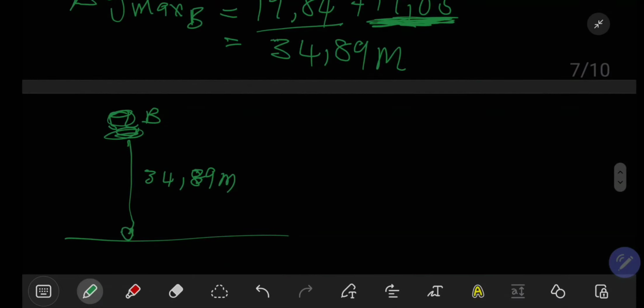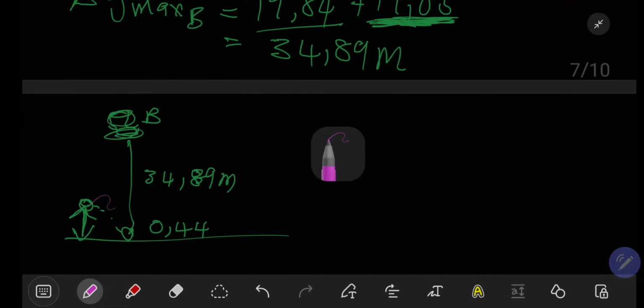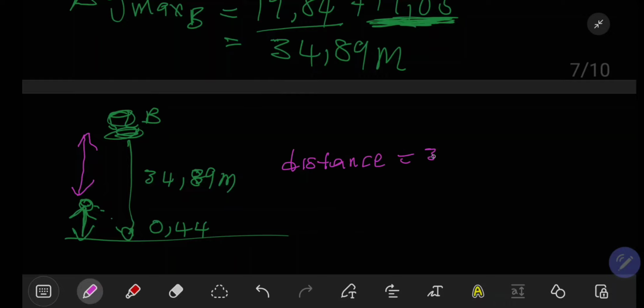So remember, the ball bounced here and reached maximum level, and we know that the maximum height for this ball was 0.44, and now the examiner wanted the displacement between the two when this ball is at maximum. So the distance between the two now is equal to 34.89 minus 0.44.